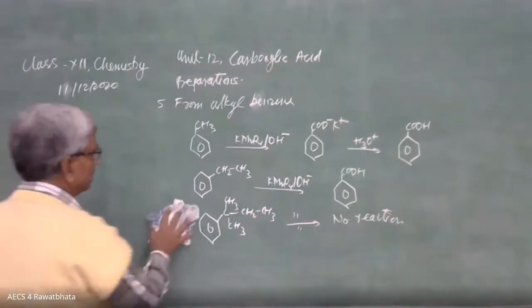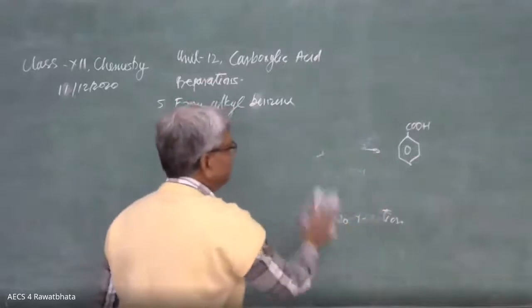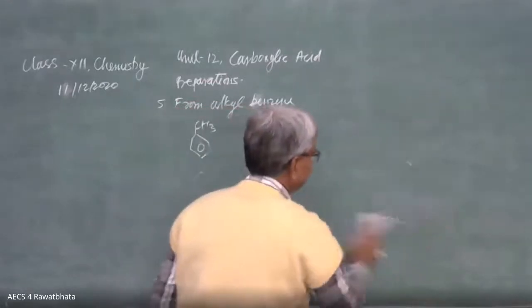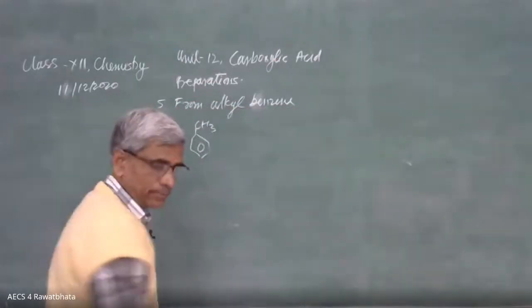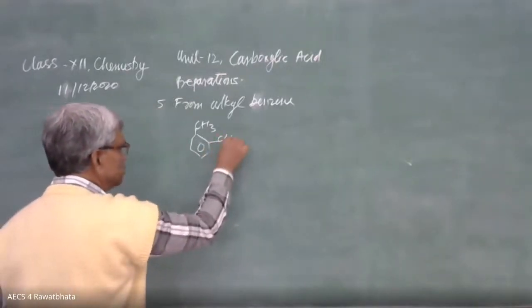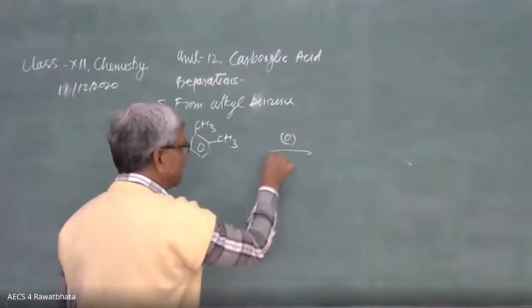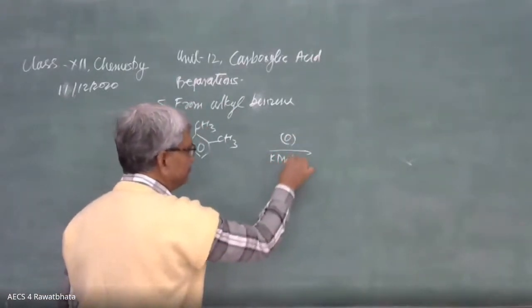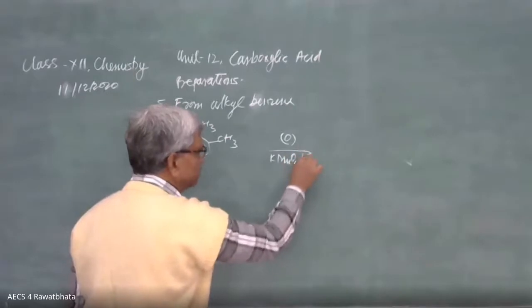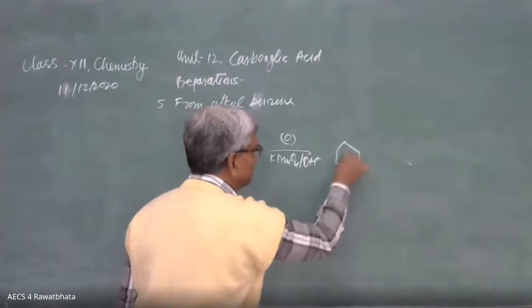When there are more than 1 alkyl group attached to different carbon atoms, suppose it is a 1,2-dimethyl benzene, here is CH3, and it goes through oxidation by KMnO4, basic medium OH minus, it is going to oxidize to give phthalic acid.